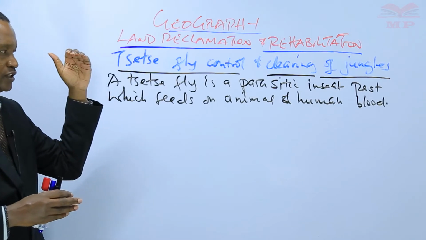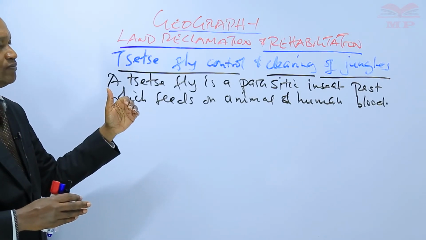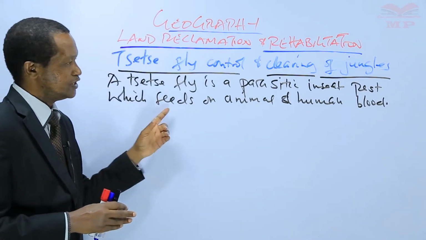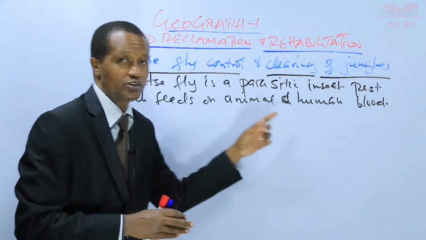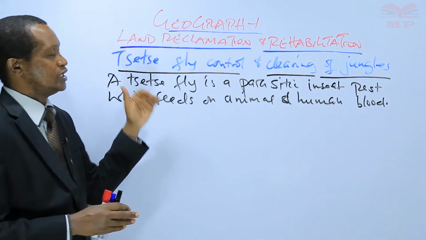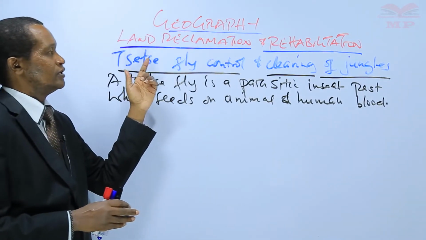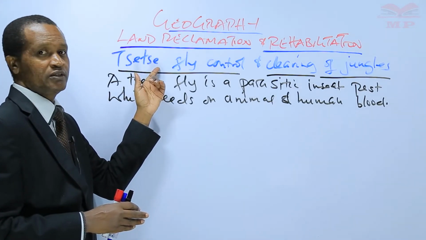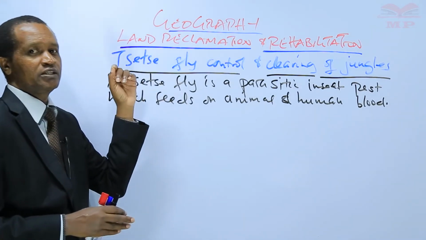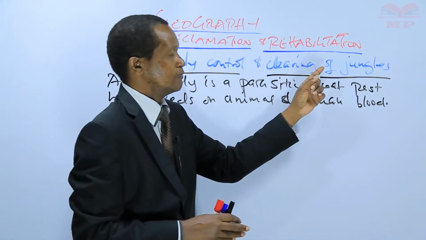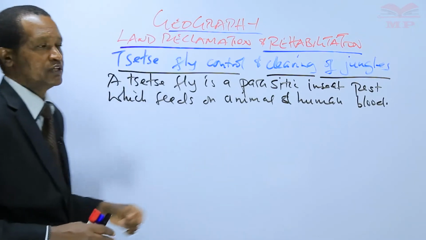Because if tsetse flies are many in that area, then we've said they feed on animal blood. So animals cannot survive in that area. So one way is to deal with the insect, to control the tsetse fly, and also clear the vegetation.